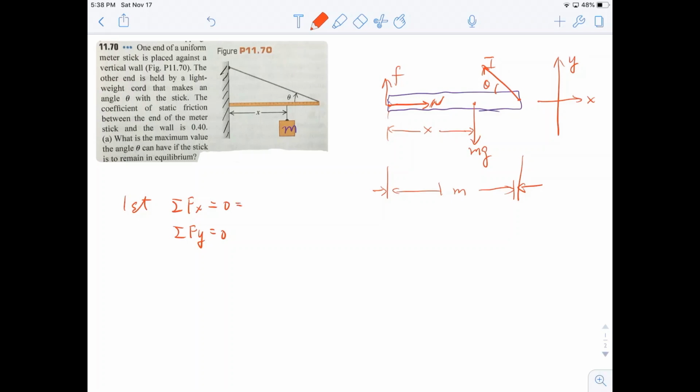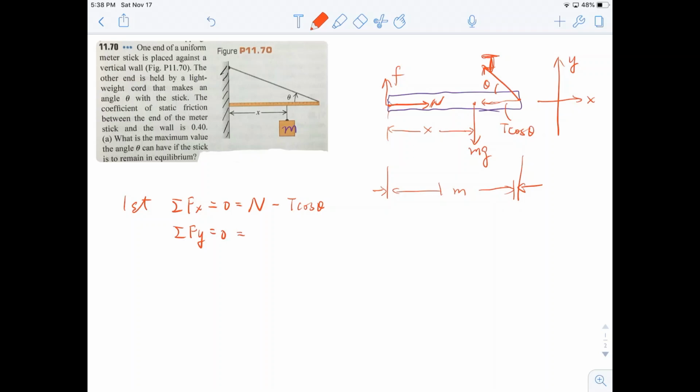Let's look at the forces in the x direction, which is relatively simple because we only have two forces. One is the normal force pointing to the right, in the positive x direction. And we have the tension force, whose projection on the x-axis is T cosine theta, pointing in the negative x direction to the left. So that is minus T cosine theta, and the sum needs to be equal to 0.